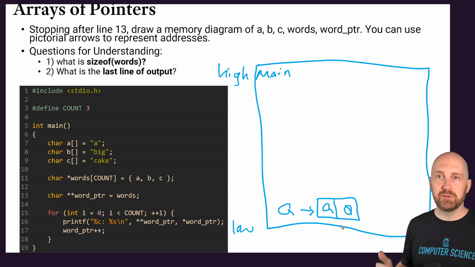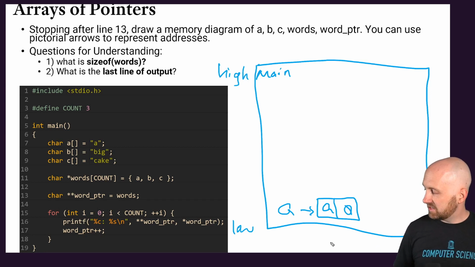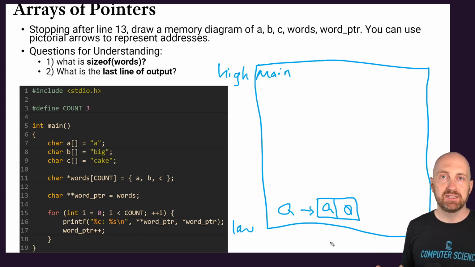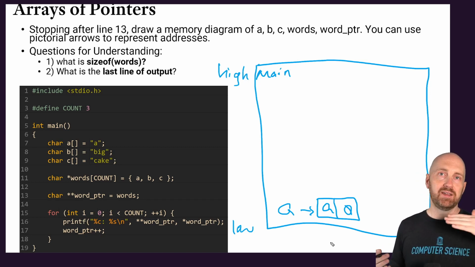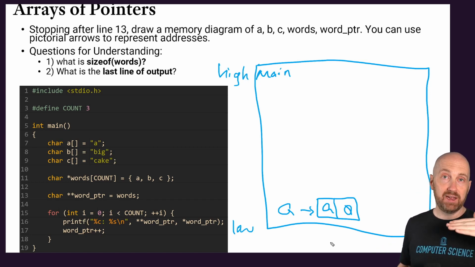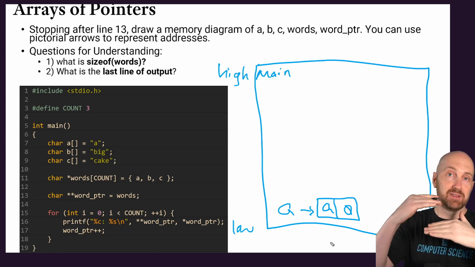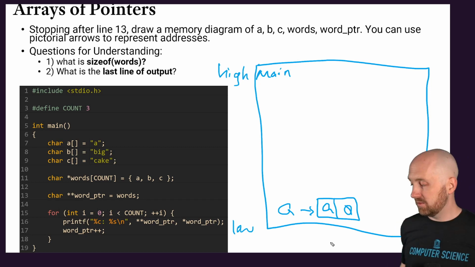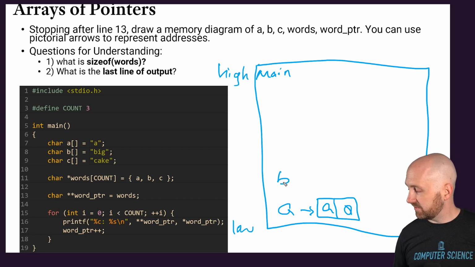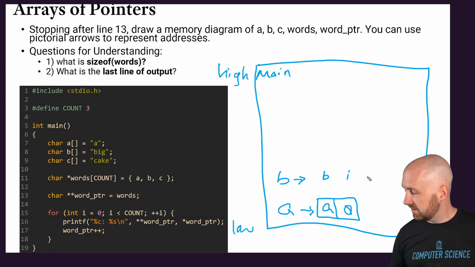And so here, if A had an address of, let's say, 0, then the character A would have the address 0, the null character would have the address 1, and then B that we would see is made up of 3 characters followed by the null termination character, so BIG.